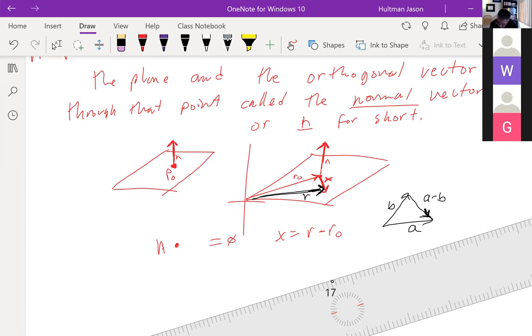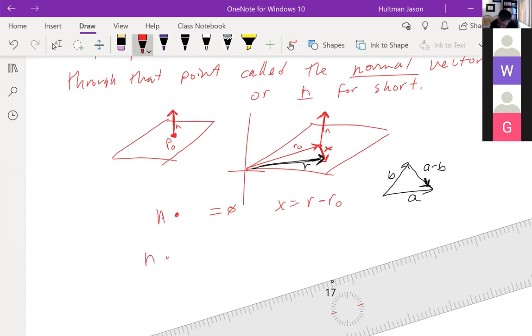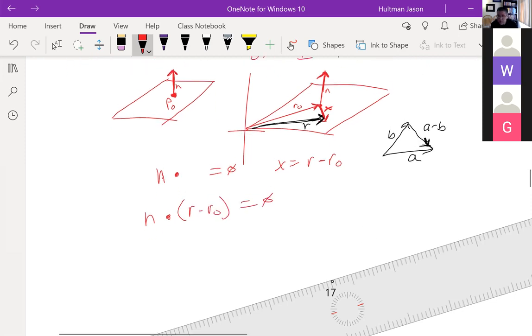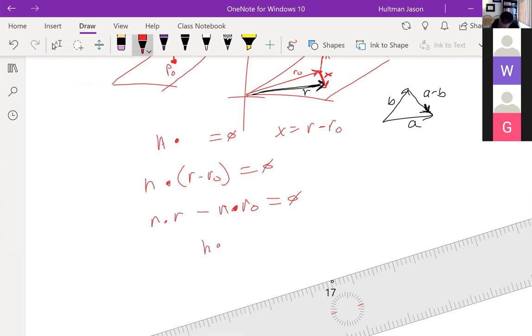Now what I'm going to do is say n dotted with R minus R naught is equal to 0. I'm going to do distribution of the dot product. So n dot R minus n dot R naught is equal to 0. And I'm just going to say n dot R is equal to n dot R naught.